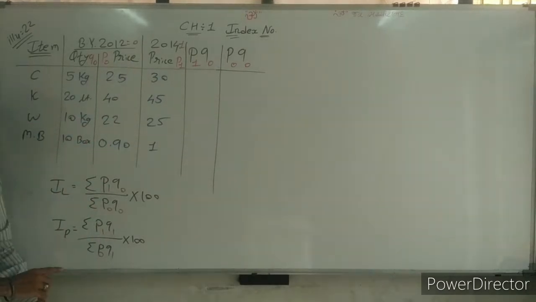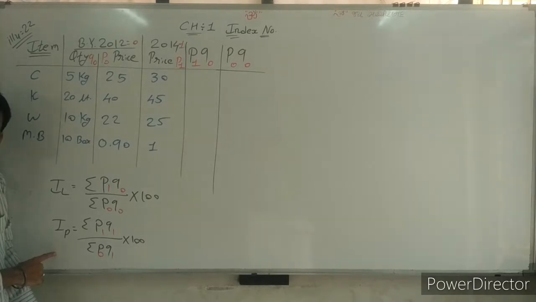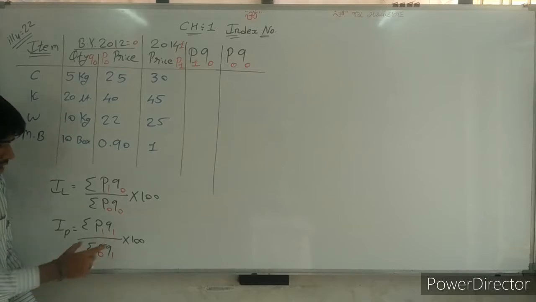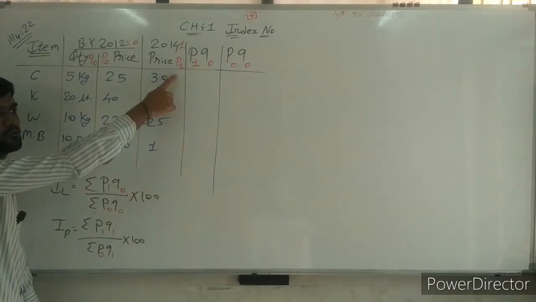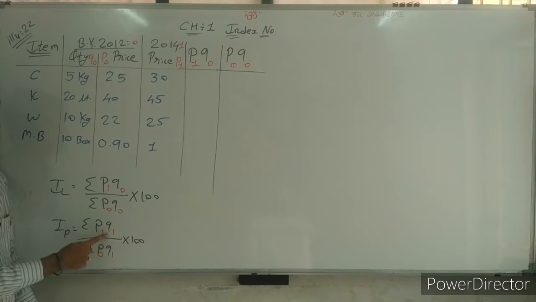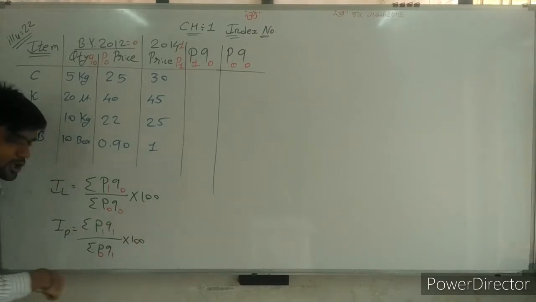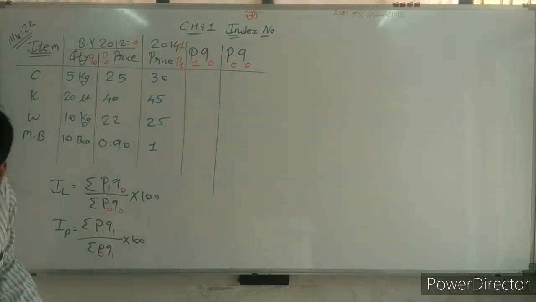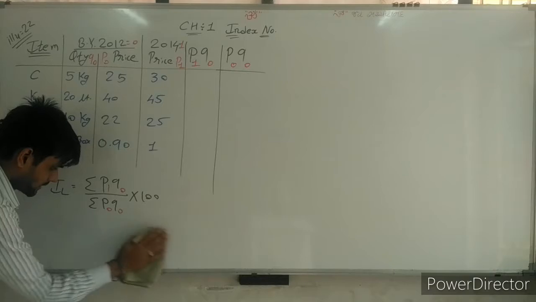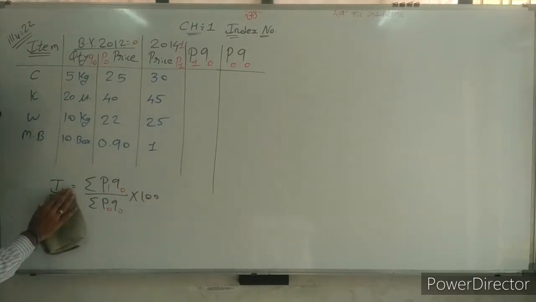If I cannot find P1 Q1, then Paasche index number is not possible, only and only because there is no value of Q1. We have a value of P1, but we don't have value of Q1, and that's why I cannot multiply both. So this formula is not possible for me.